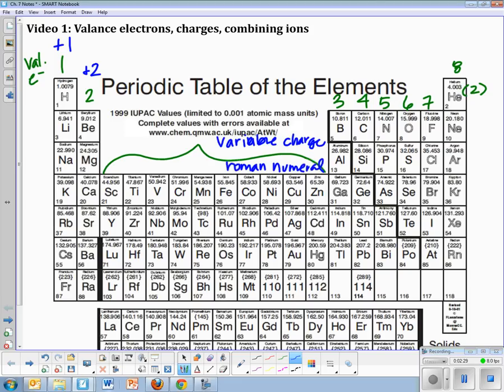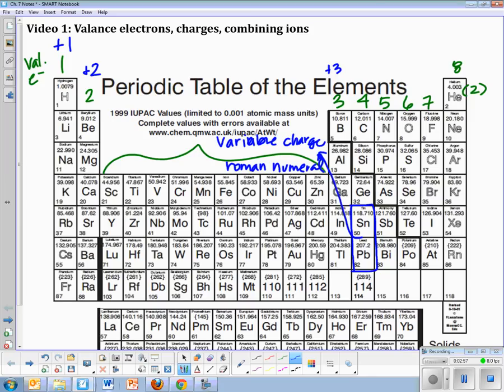Boron, aluminum, this group, they're going to end up with a +3 charge because they're going to lose 3. And carbon's group, really, they could gain or lose 4. The nonmetals in this group are going to share, so they're not really going to have a charge anyway. The 2 down here, tin and lead, act like transition metals, so they have this variable charge. We're going to talk more about them also in the next video.